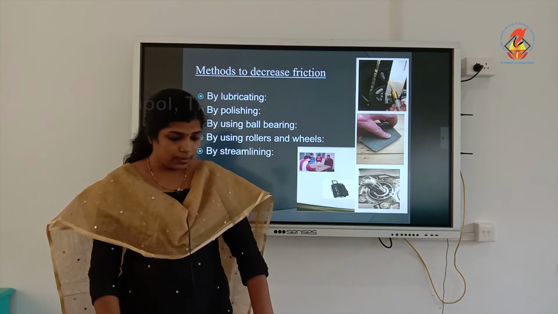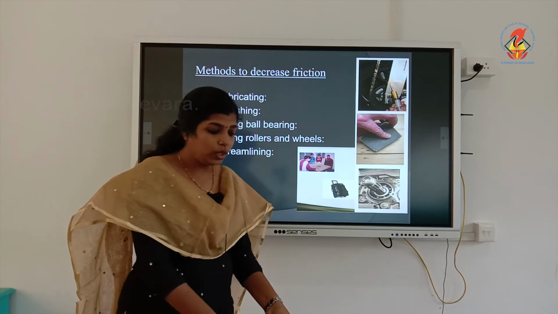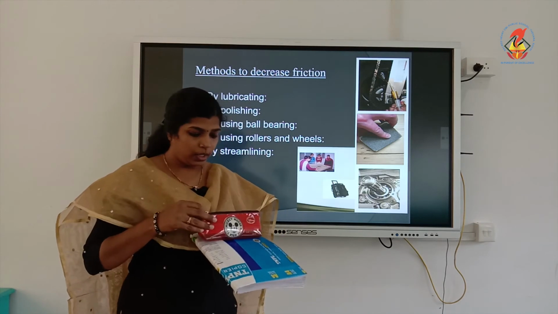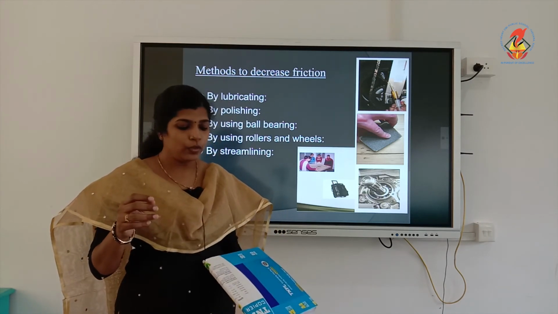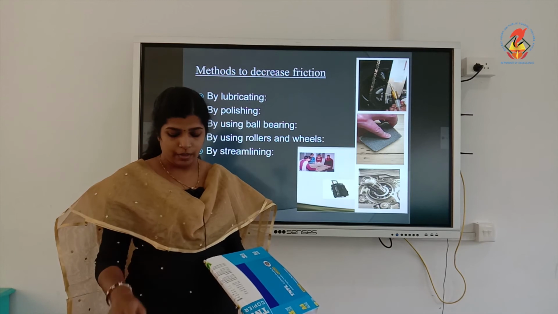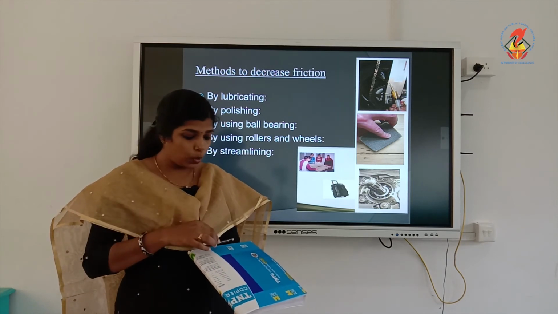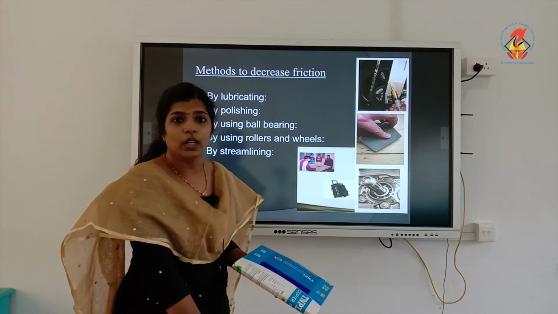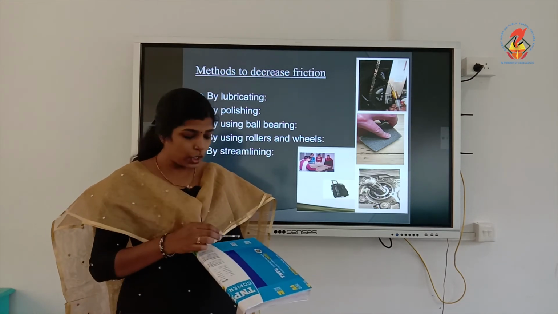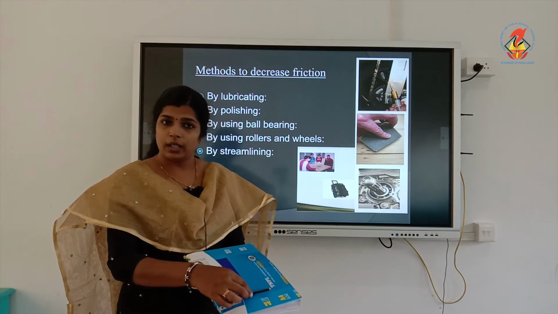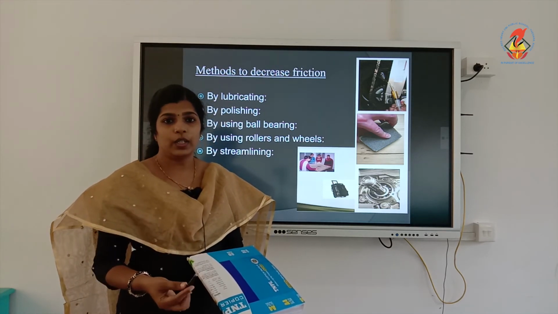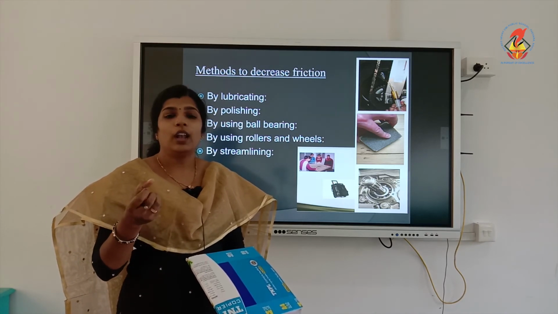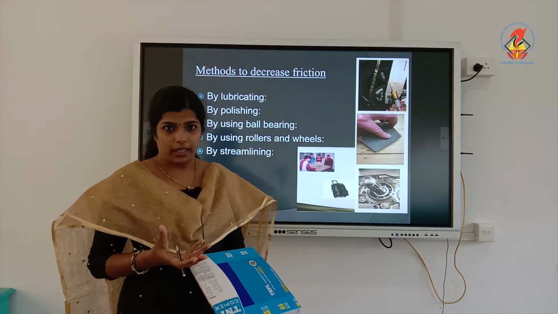Sliding friction means when an object slides over the other, that frictional force is known as sliding friction. When an object rolls over the other surface, that is known as rolling friction. When an object is rolling over another surface, there will not be any time for the locking of the irregularities.